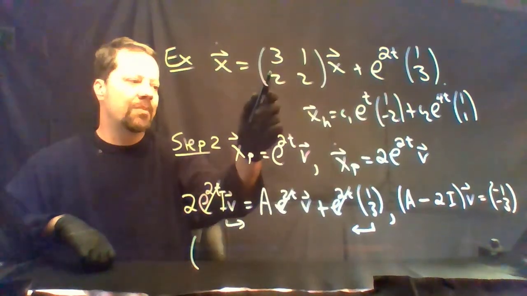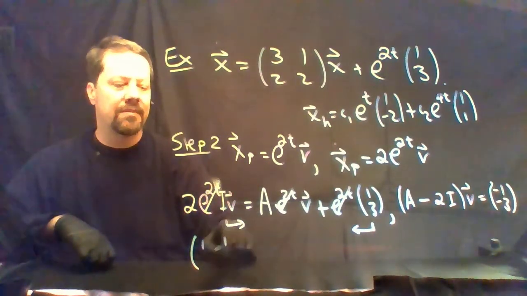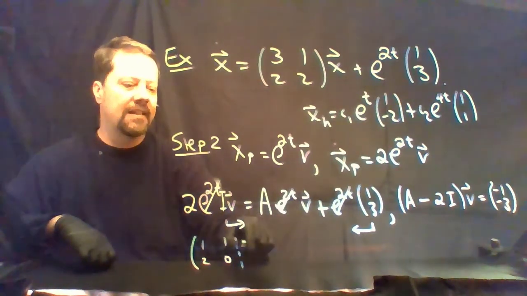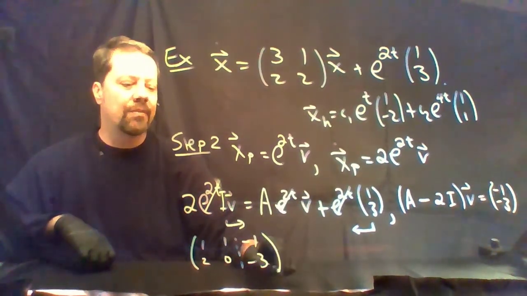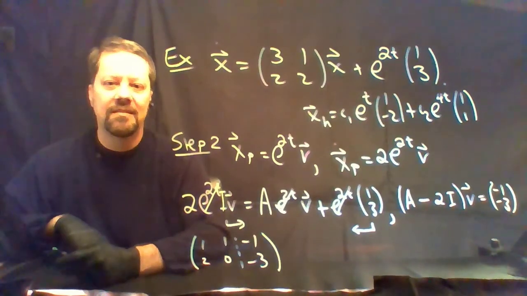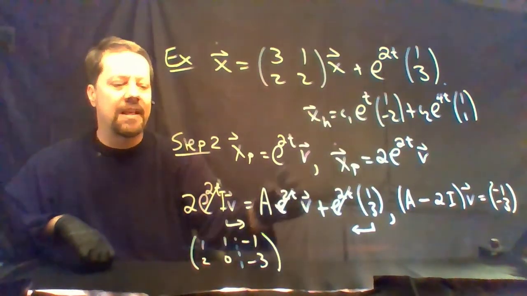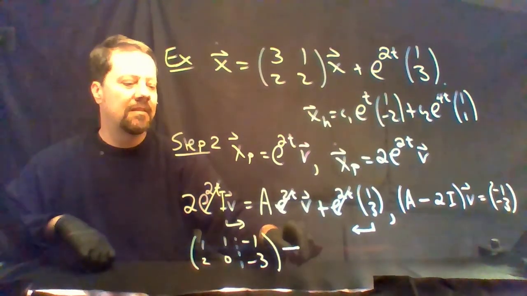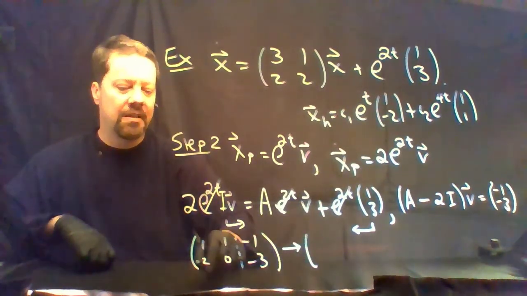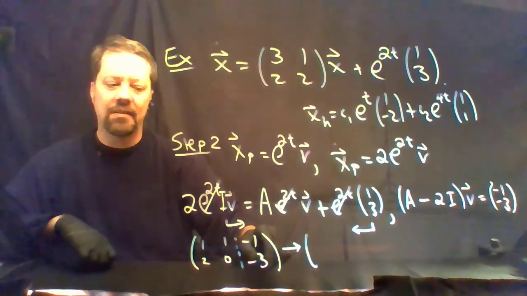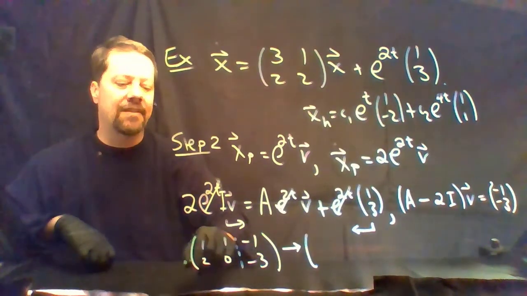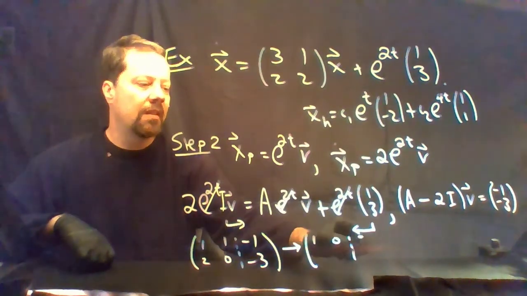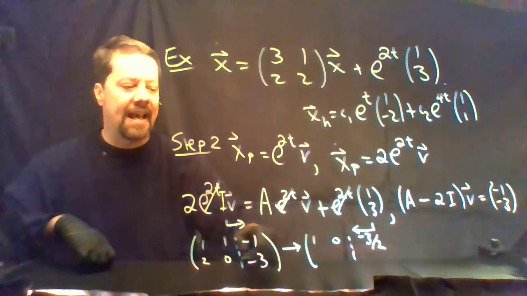This means that we have to subtract 2 from the diagonal elements and get negative 1, negative 3. In order to figure out the vector v, we need to solve this linear system. If we multiply through the second coordinate by a half and then move that to the first row, we'll have 1, 0, negative 3 halves.